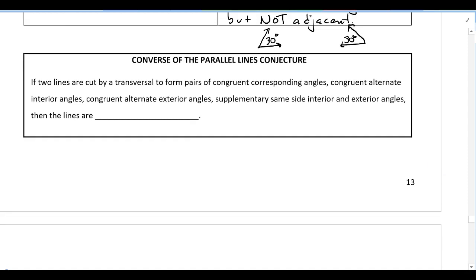So it says if two lines are cut by a transversal to form a pair of congruent corresponding angles, congruent alternate interior angles, congruent alternate exterior angles, or supplementary same side interior and exterior angles, then the lines are, so if any of these conditions are met, that means that our lines are parallel.